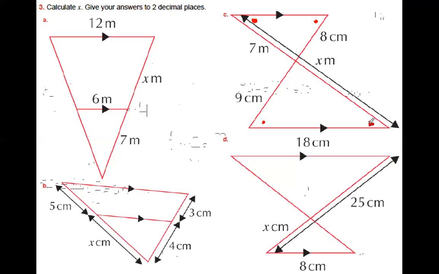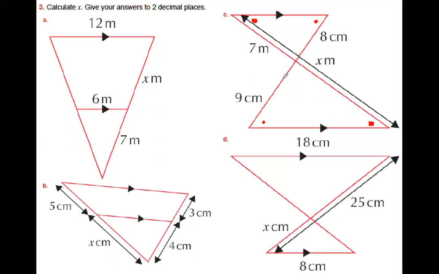Corresponding angles. And it makes sense because here you've got the X shape and those two angles are the same. So in order to find X, I'm going to have to calculate this long distance.